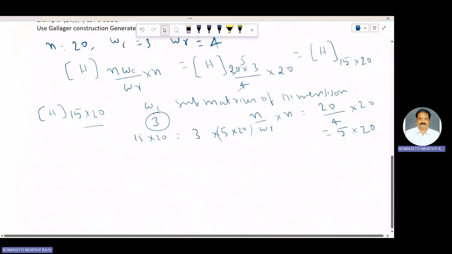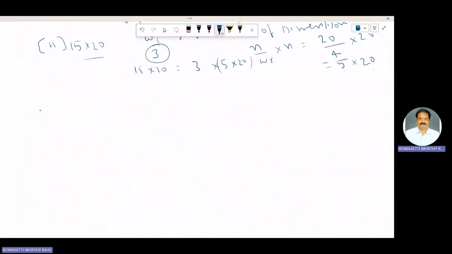Now the block length is 20. Here block length is 20. The columns are 1, 2, 3, 4, 5, 6, 8, 9, 10, 11, 13, 14, 15, 16, 18, 19, and 20.